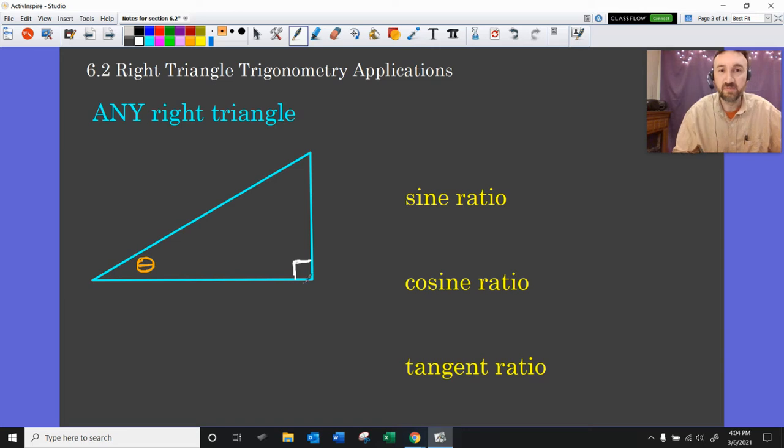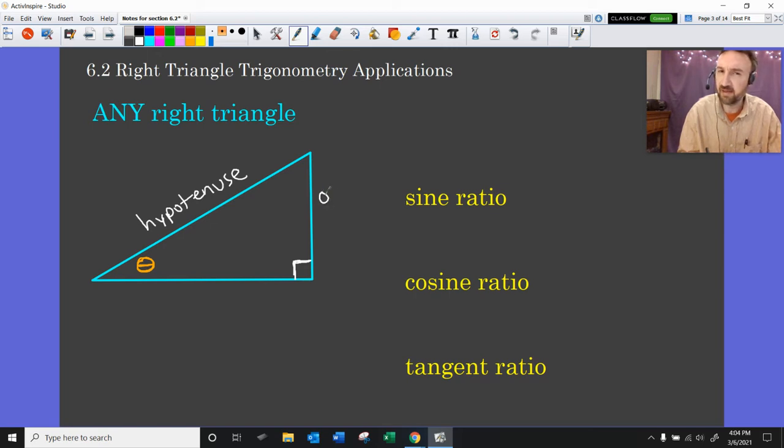Now what we can do is mark off the sides. In any right triangle, the side across from the right angle is called the hypotenuse. The side that's across from angle theta doesn't really have its own name, but a lot of people call it the opposite side.